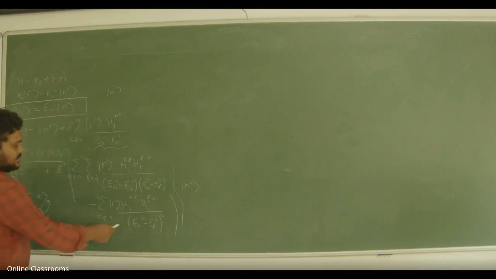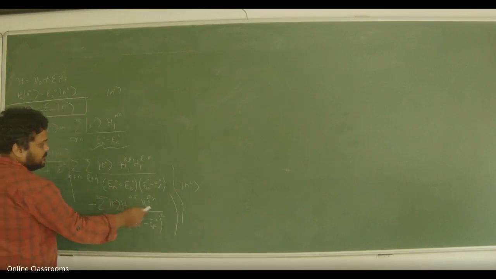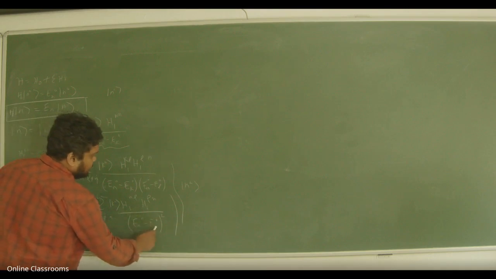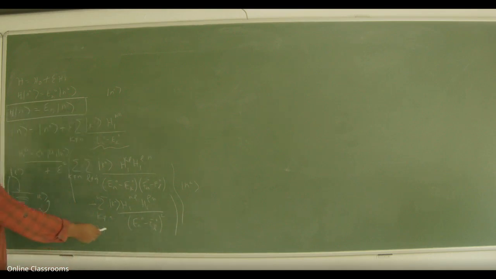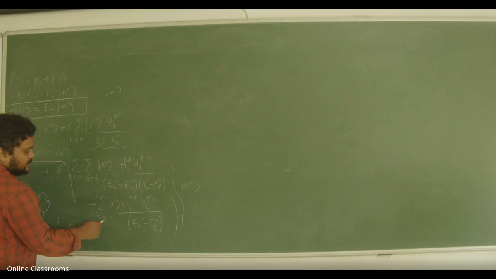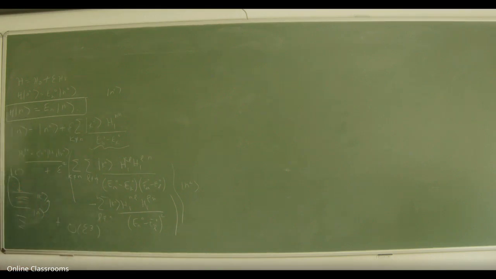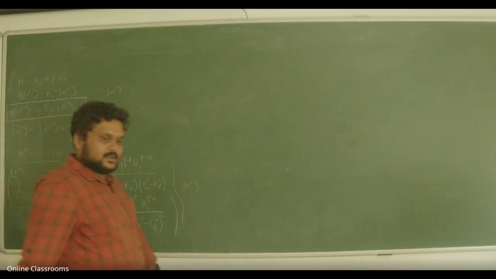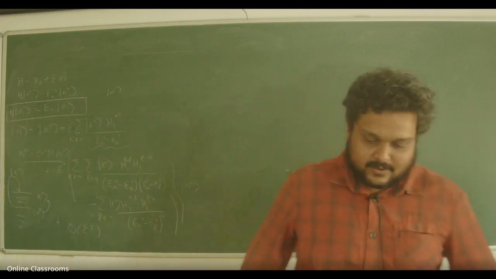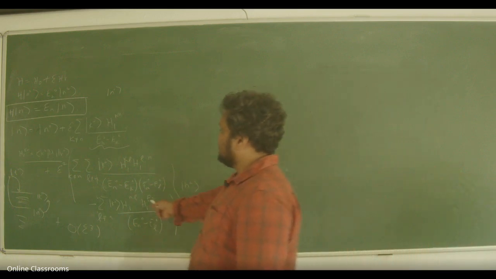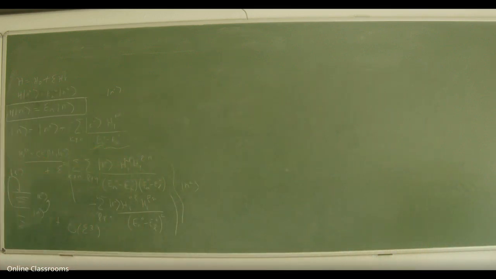Then this term will be En0 minus El0, and the sum should be over l not equal to n. Check that once. I think it's also wrongly written in my notes. I might not be wrong, but I think this is the term. So check the algebra and see if this term is that.